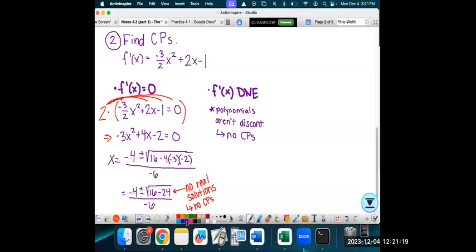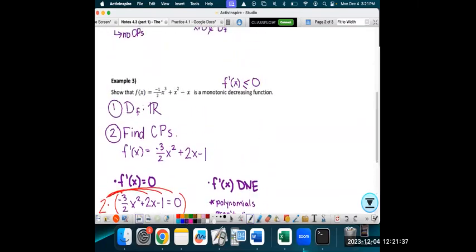All right, so when we make our number line, we're supposed to put any functional discontinuities and then any critical points on there. We don't have any of that. My function is continuous everywhere, and we don't have any critical points. So I'm still going to write up my number line, but I'm not going to have any x values to put on it.